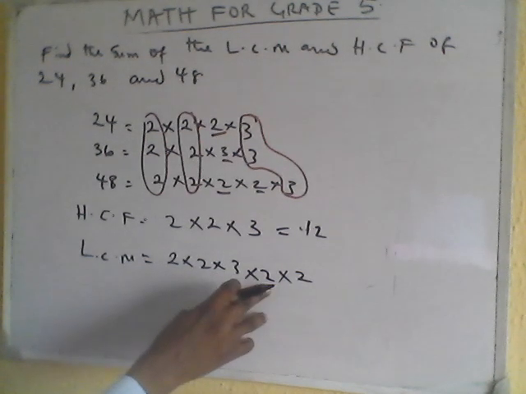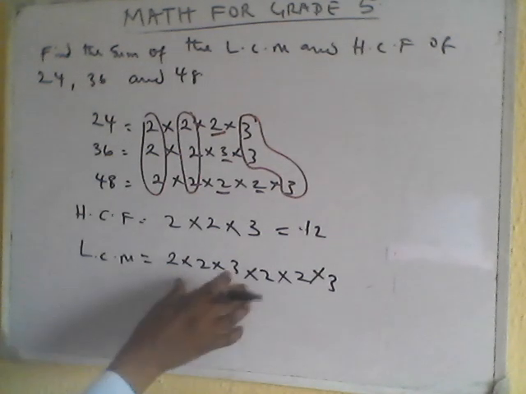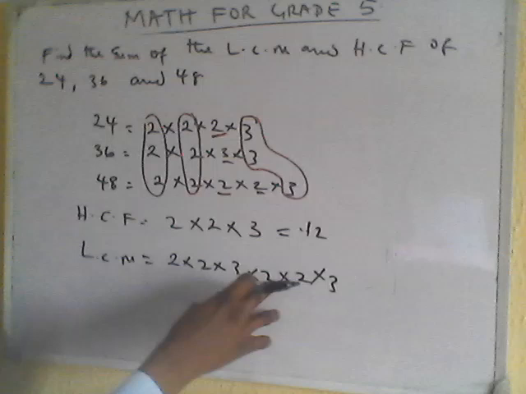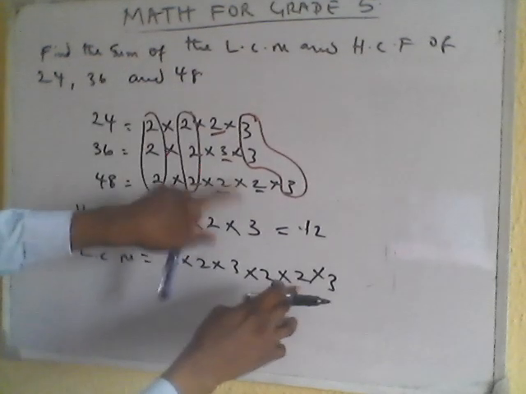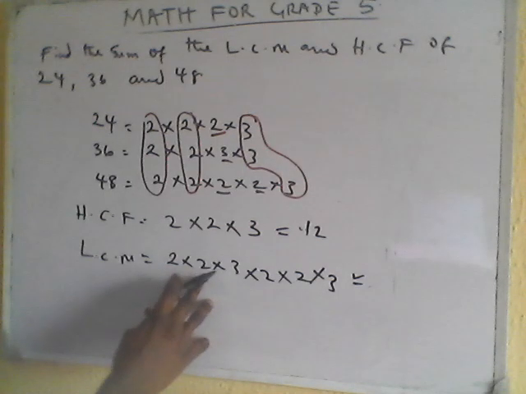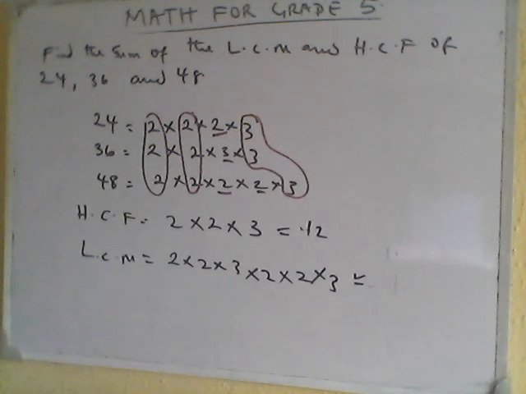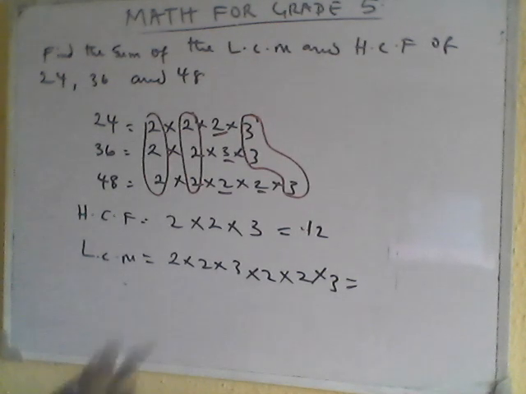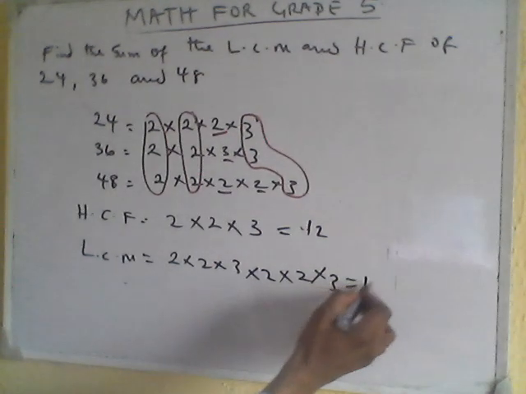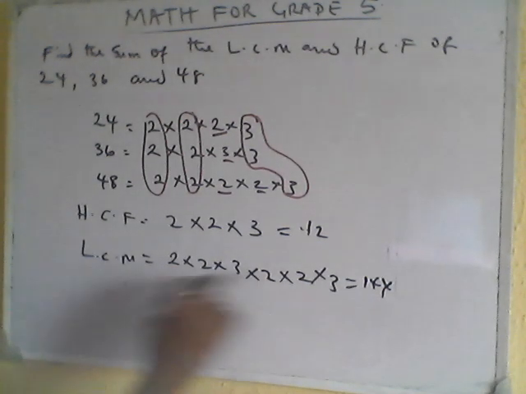Times 2, and times 3. So this is 2 times 2, 4, 4 times 2, 8. By the time you multiply this, you get 144. That is 2 times 2 times 3 times 2 times 2 times 3.